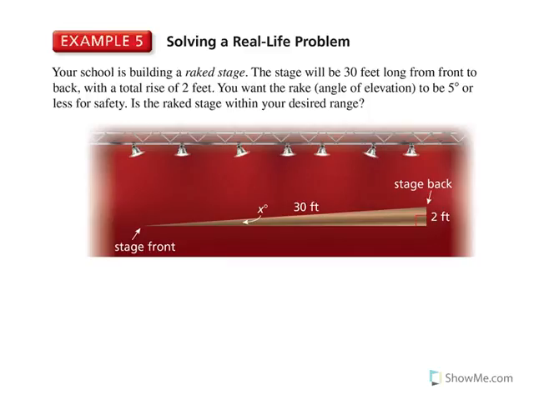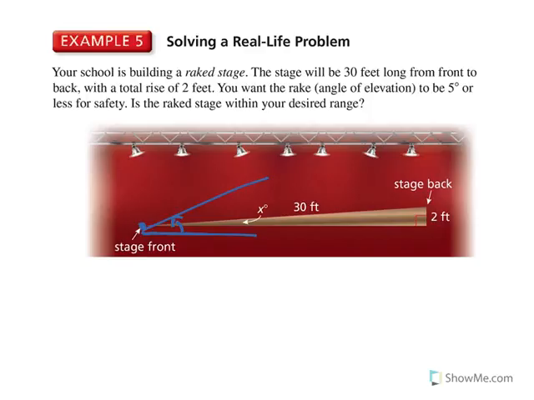So we need to figure out if the current specs that they're planning on using are going to give them that angle of elevation of 5 degrees or less. So remember, angle of elevation is when we start from horizontal and look up. So if we're at the front here, the stage front, if this is the horizontal, the angle of elevation is when we go up from the horizontal.